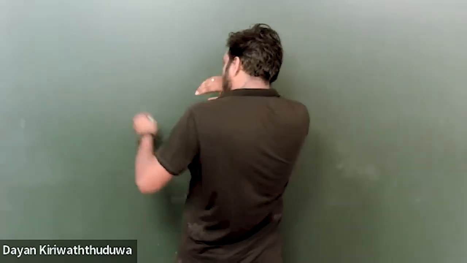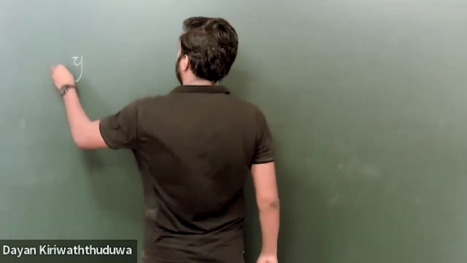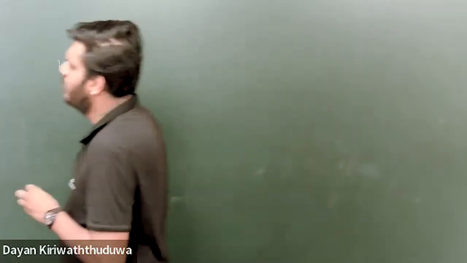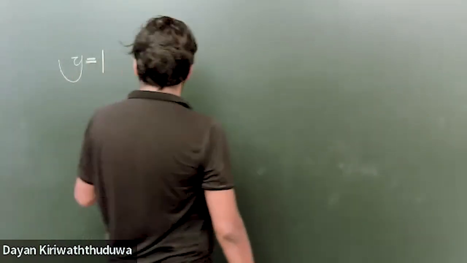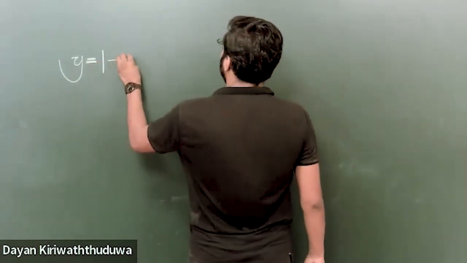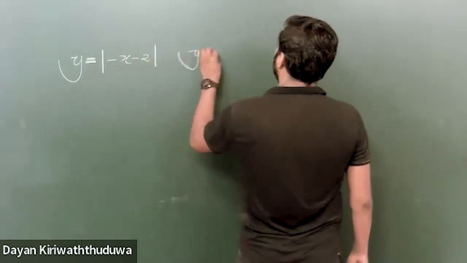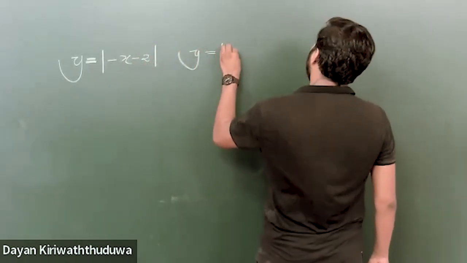So we have y equals modulus of minus x minus 2, and also we have y equals modulus of x plus 2.